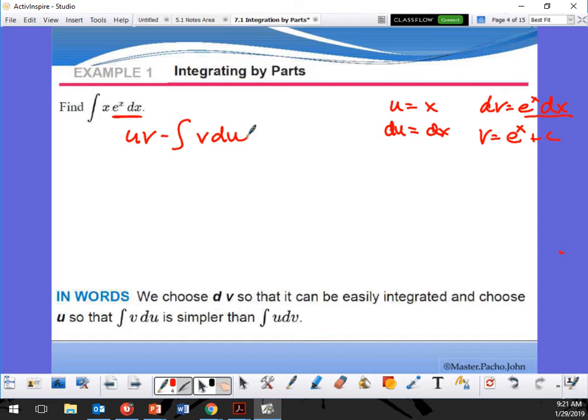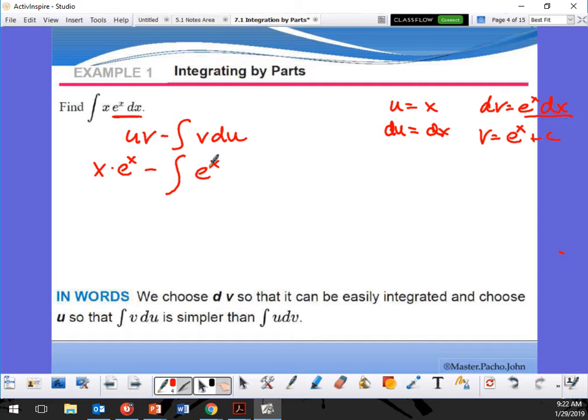x. So it's going to be x times, in this case I'm going to leave off that c, because when I'm done there's going to be some constant that I'm going to add to this. So times my v, which is e to the x, minus the integration. The integration is going to be e to the x, and what am I changing?